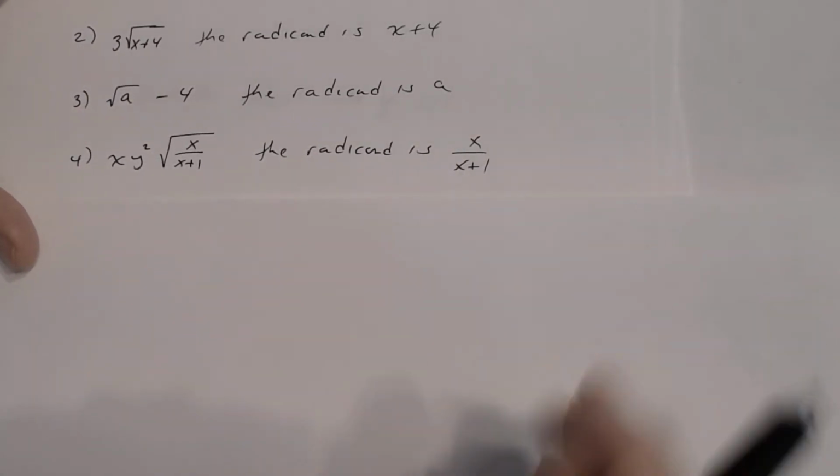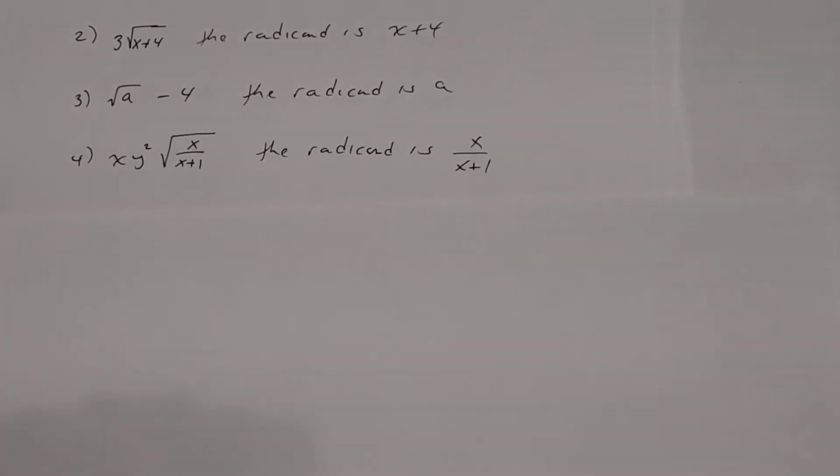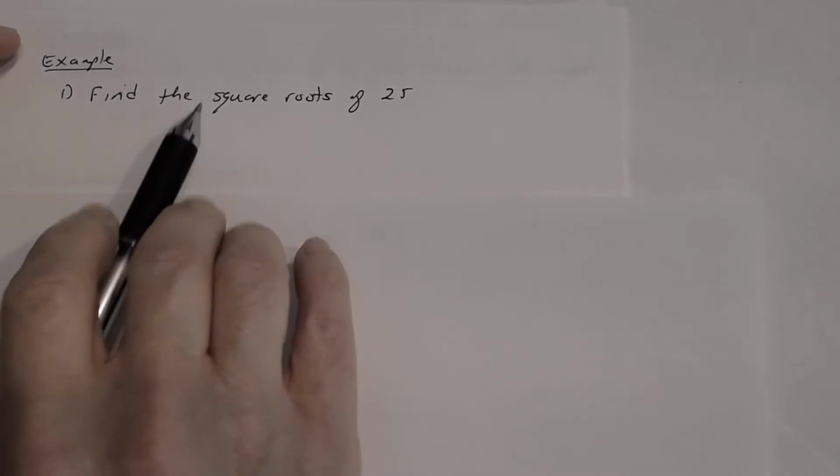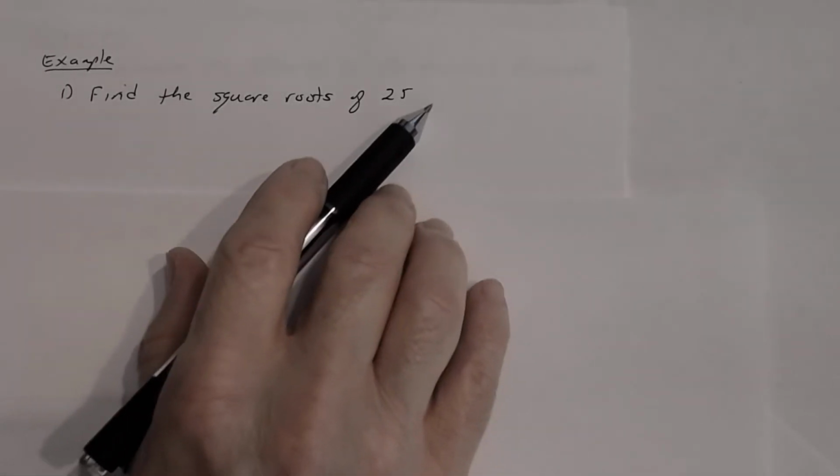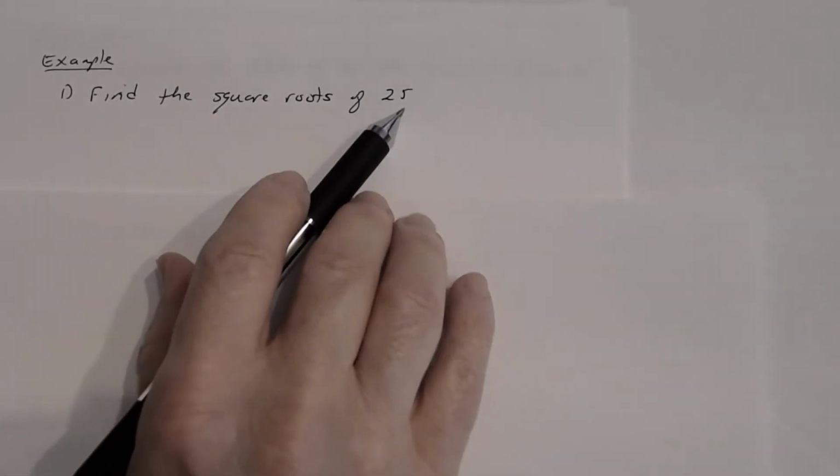All right, now let's look at this idea. I think we have enough information to be able to discuss what this means. This example says, find the square roots of 25. Remember, a square root is the reverse operation of squaring.